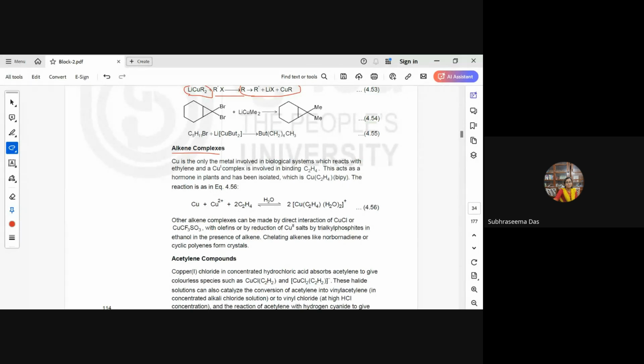In biological systems, copper is mostly present as a Cu1 complex. It acts as a hormone in plants and has also been isolated in this form from plants. Here the reaction is given for the formation of this type of organocopper alkene complex.